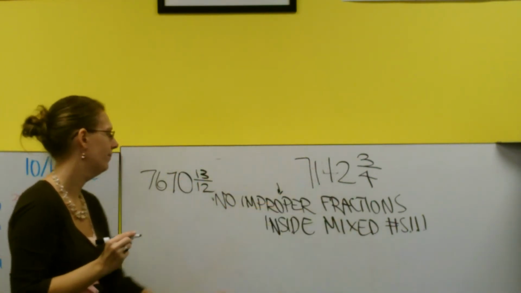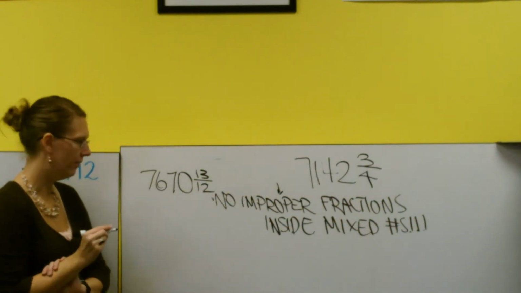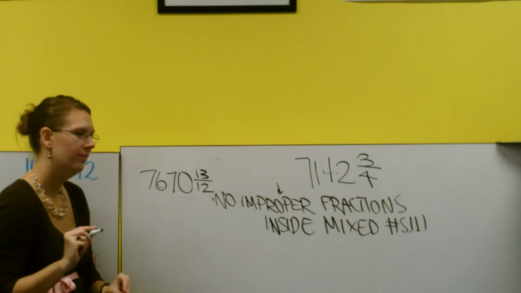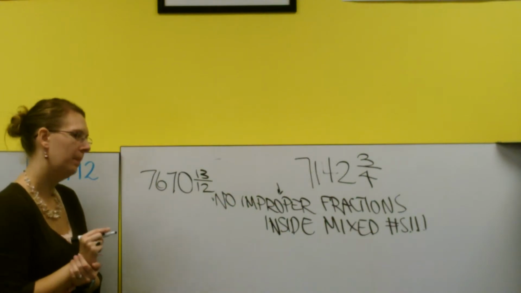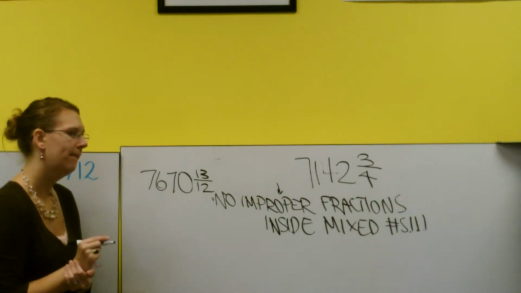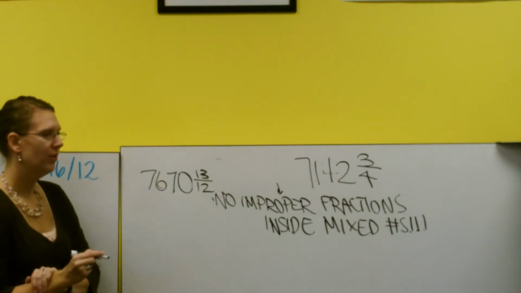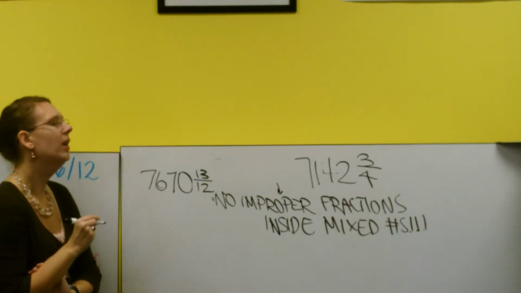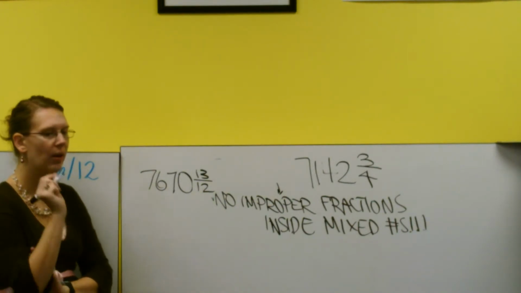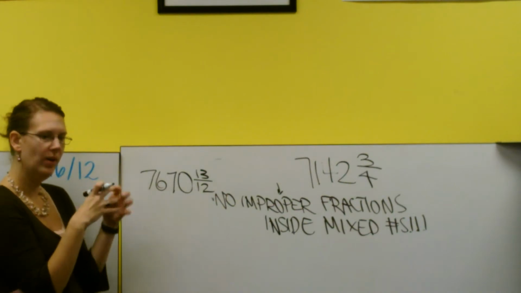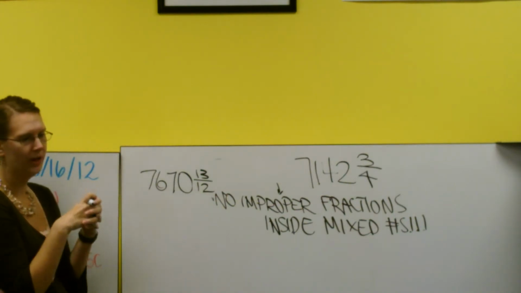So, how do I make 13 over 12 better? What do I do with it? Simplify. How do I do that? By what? Okay. How many times does 12 go into 13? Keep it going. 1 time. So, Damon, if I pull out one set of 12, one whole 12, how many are left?